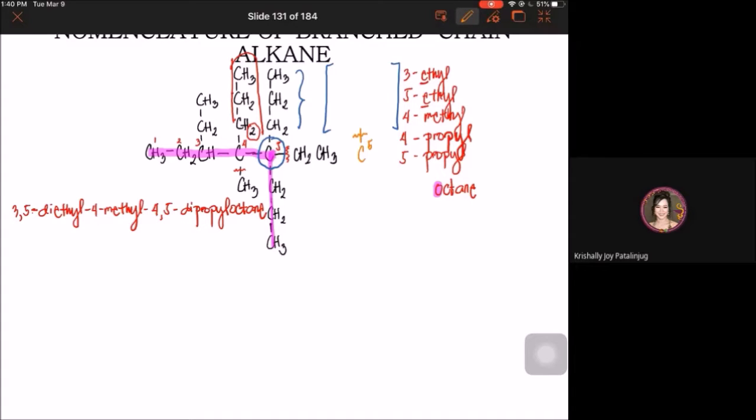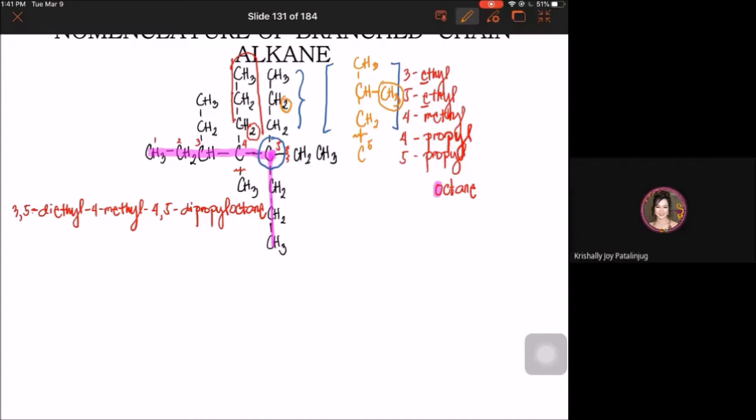Example, ako siyang change into CH2, then itong carbon, na CH yung pangalawa sa propyl, I will place a sub-branching in a form of methyl. Okay? So mula CH2, tinanggal ko yung isang hydrogen, nag-attach ako ng sub-branching.